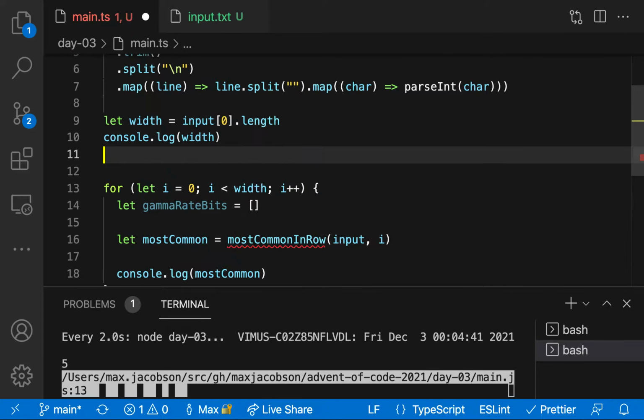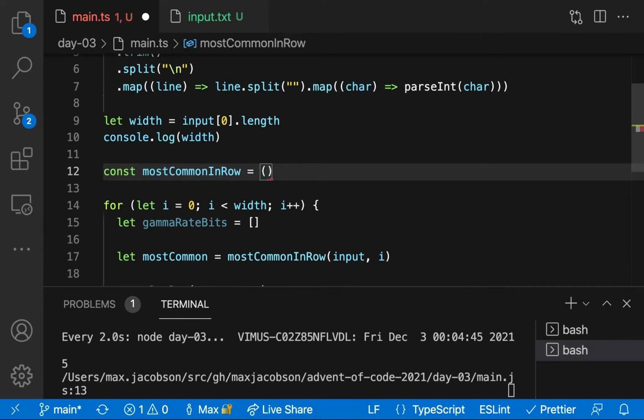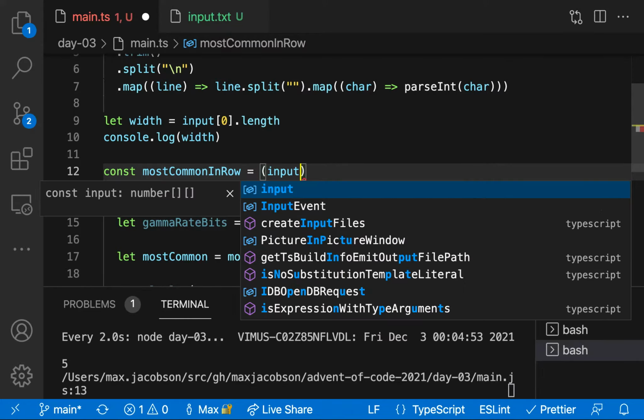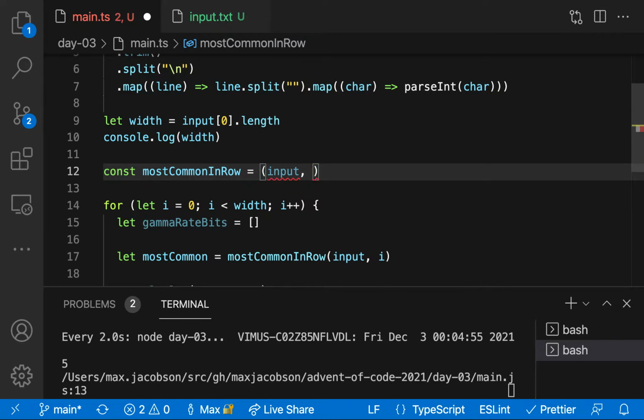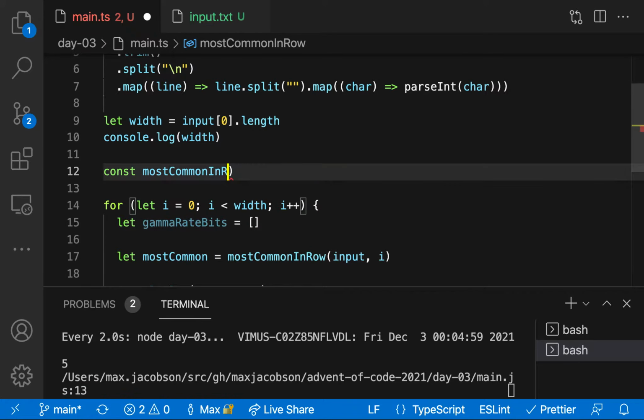Let's write a quick function. And I guess it takes in, I'll just say input and, I guess this is actually a column. So I'll say most common in column.